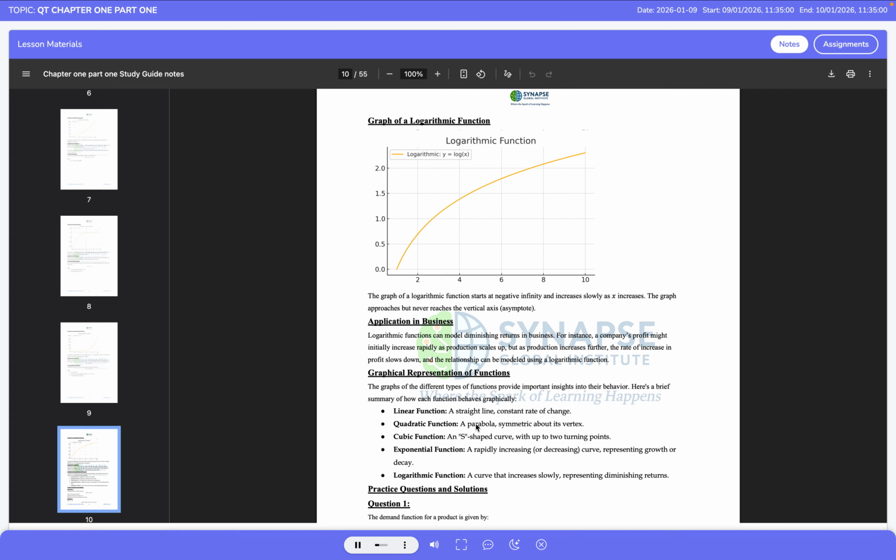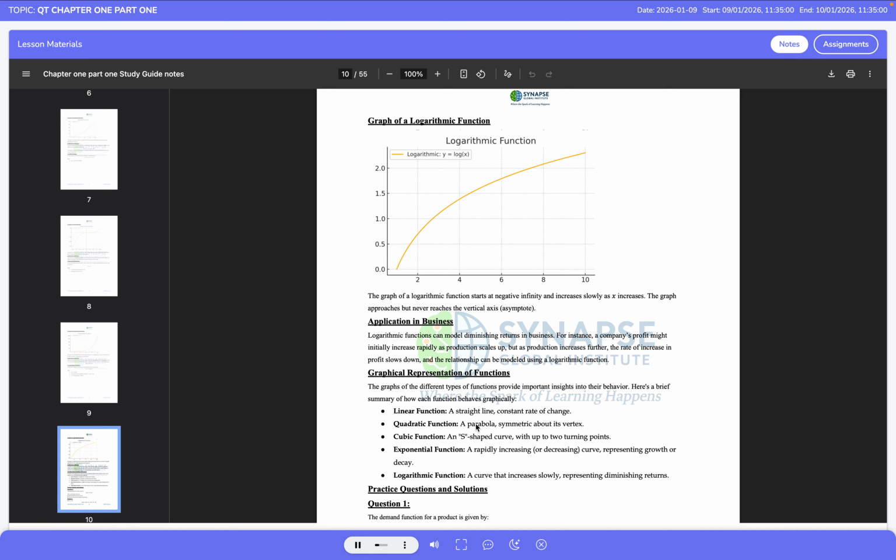When we compare the graphical representations of these functions, several key patterns emerge. A linear function appears as a straight line with a constant rate of change. A quadratic function appears as a parabola that is symmetric about its vertex. A cubic function appears as an S-shaped curve with up to 2 turning points.